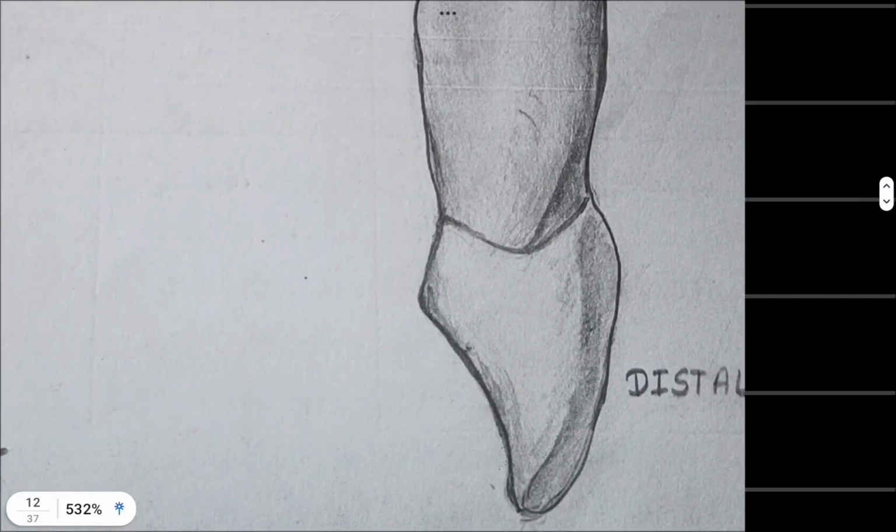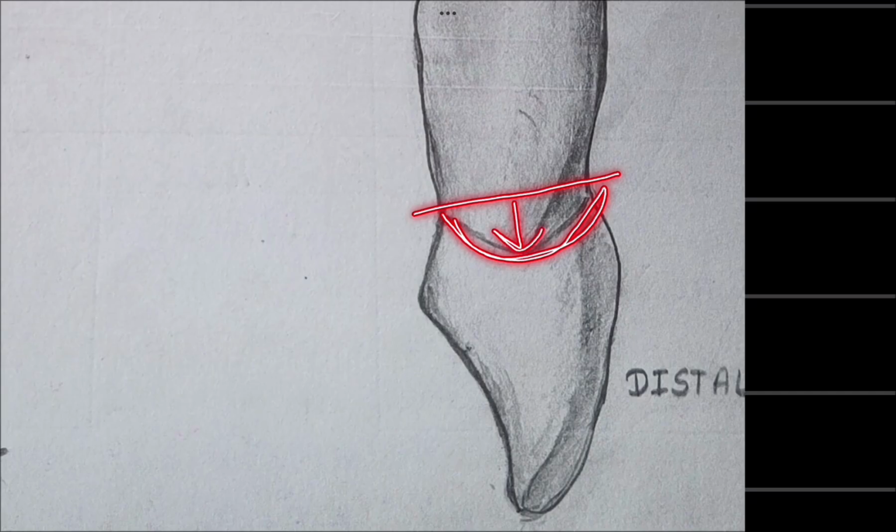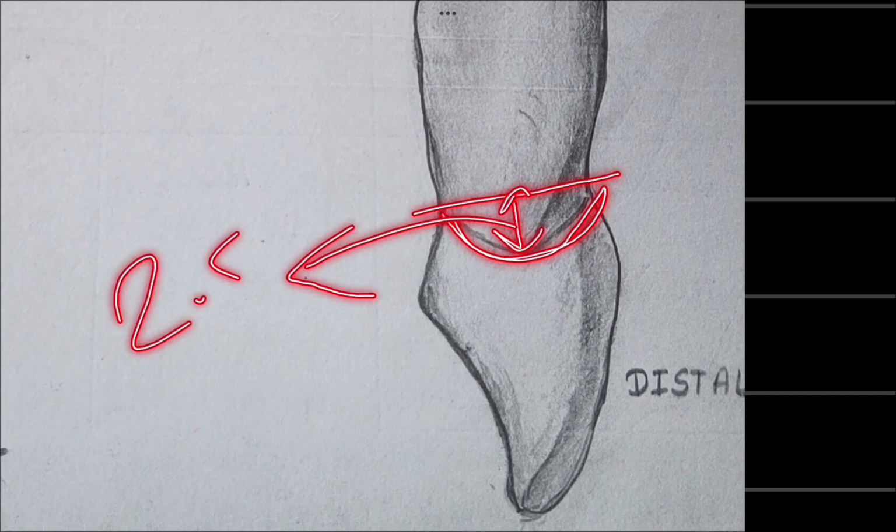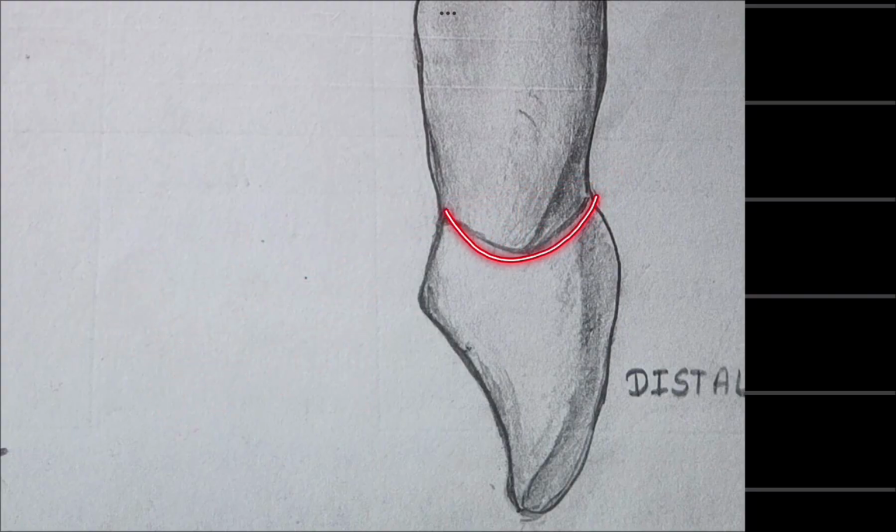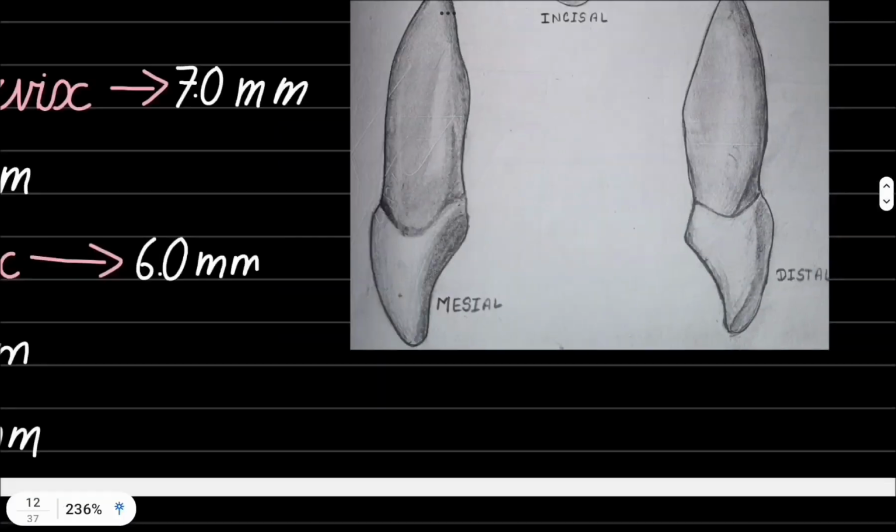And on the distal side, this is the curvature of the cervical line. This is the imaginary line we will draw, and this is the length of the curvature, that is 2.5 millimeters. So on the distal side, the curvature is 1 millimeter less than that of the mesial side.